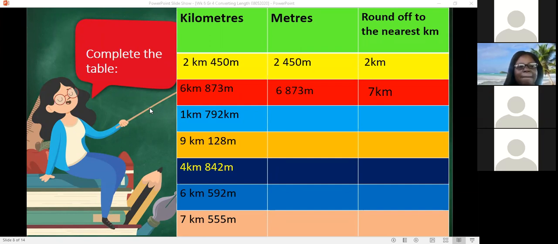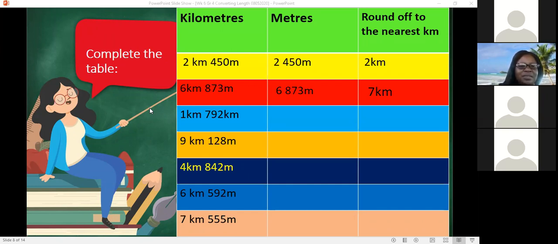Butilo, you can answer: 1 kilometer, 792 meters, rounded off to the nearest kilometer. What is the answer there? 1,792. And when you round it off, what is the answer? Try again.